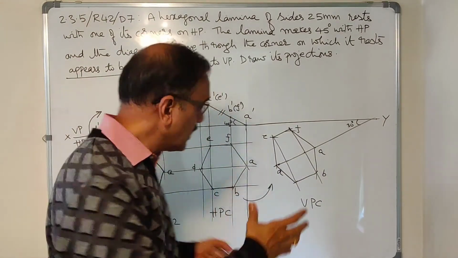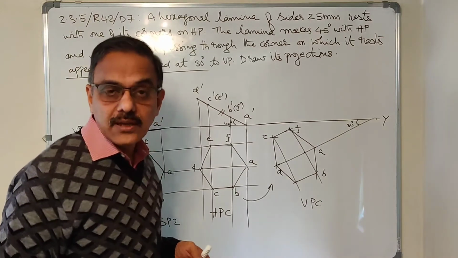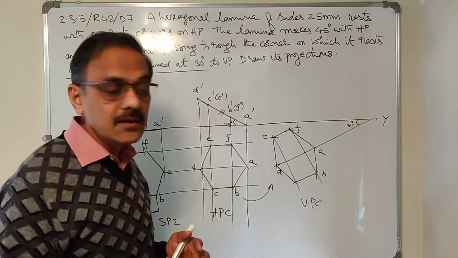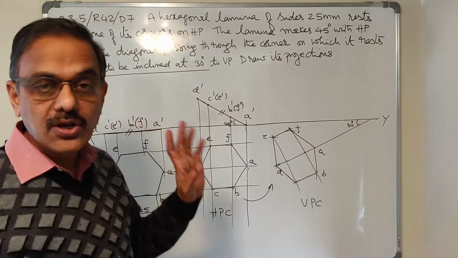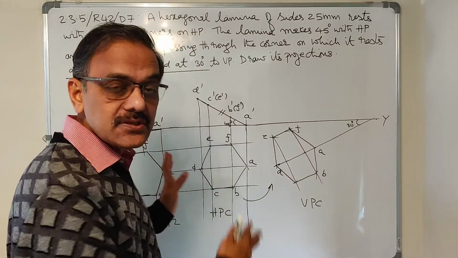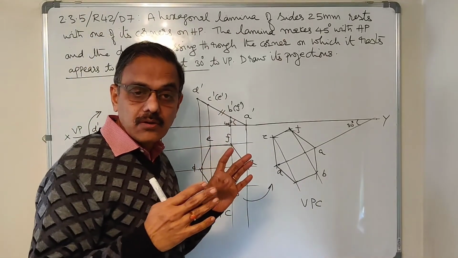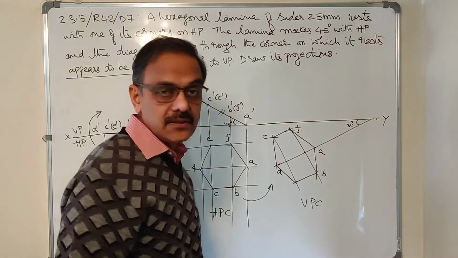Then you will have to erase both the steps and redo it again. You will be losing time there. So planning is very, very important, especially in projection of planes and solids. Always conserve more space for the third step.